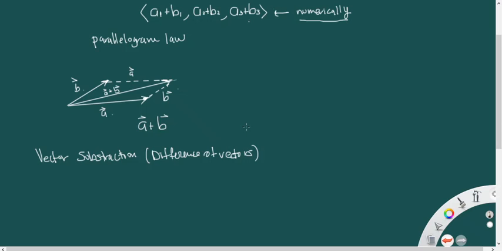For this, let's say we have a vector A, and I want to subtract vector B. If we want to do that operation, it will be equal to component A sub 1 minus component B sub 1, component A sub 2 minus component B sub 2, and component A sub 3 minus component B sub 3. So this is the same as addition, but with opposite sign.